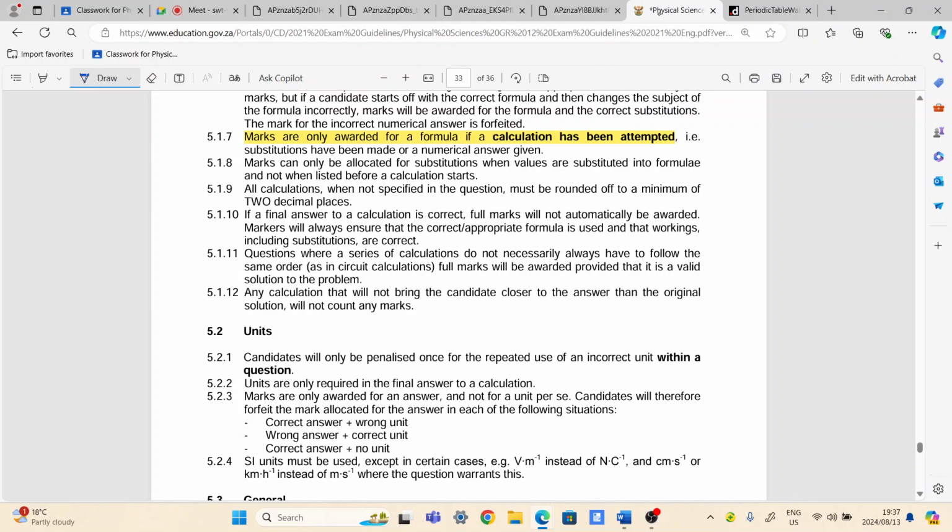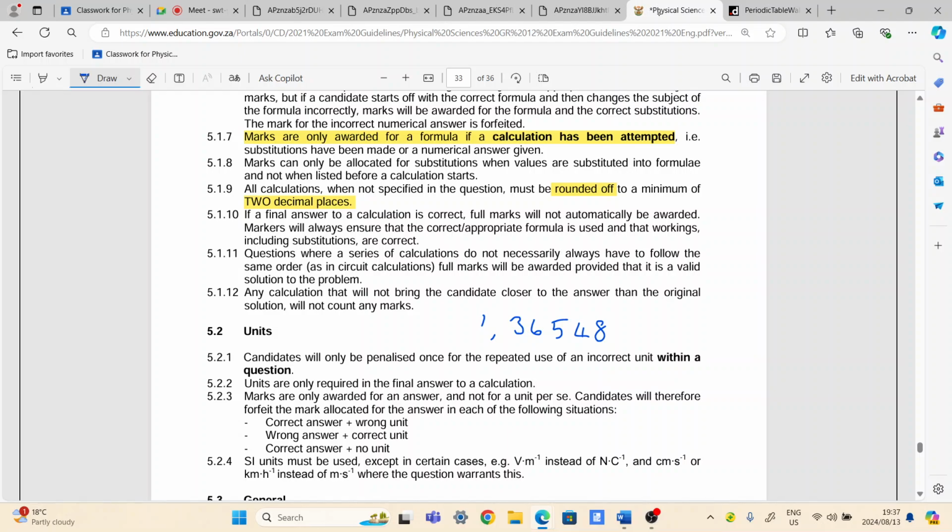All calculations not specified in the question must be rounded off to a minimum. This is also important. All calculations always rounded off to 2 decimal places. So if you have a calculation that gives you, let's say, 1,36548, always round it off to 2 decimal places. So this would be 1,37, because this 5 pushes that 66 to a 7, so 1.37.